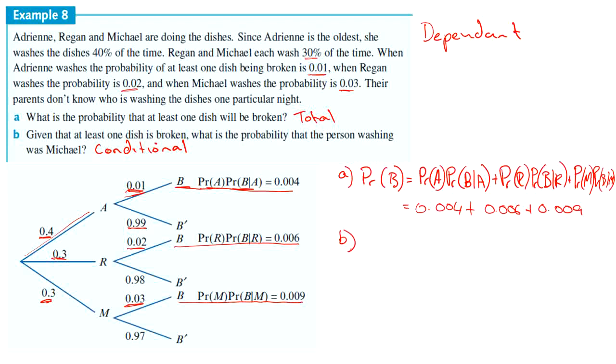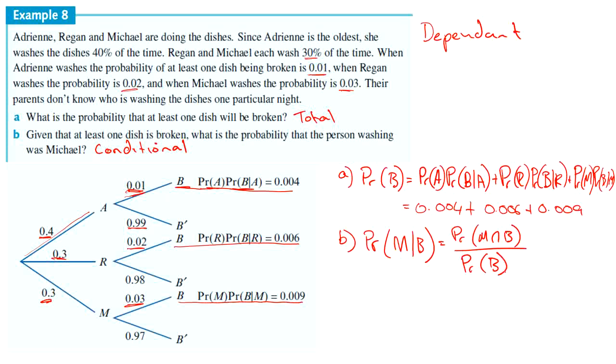All right, given that at least one dish is broken, what is the probability that the person washing was Michael? So we want to find the probability that Michael was washing, given that a dish is broken. All right, so that means we need the intersection of Michael breaking dishes divided by breaking dishes.